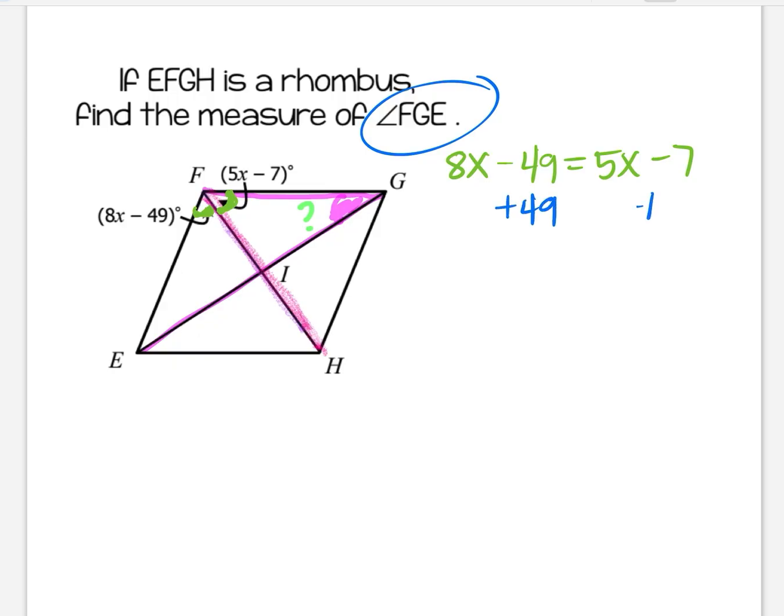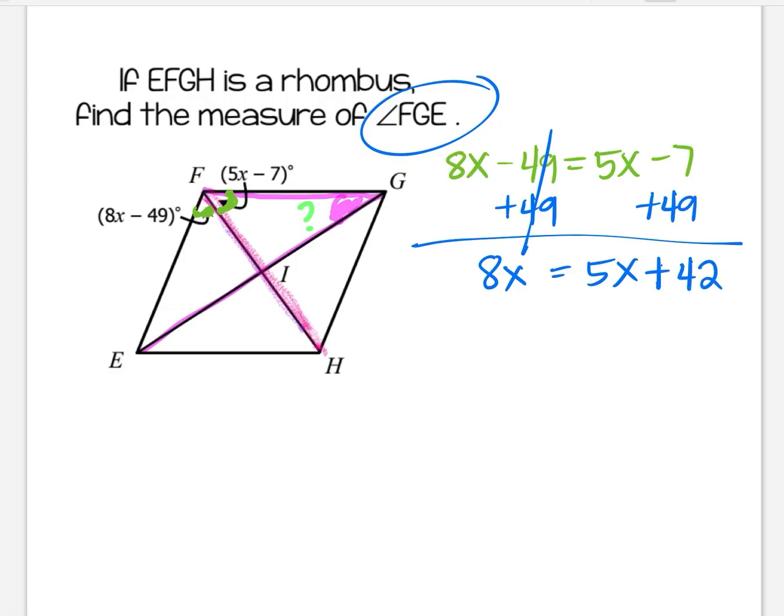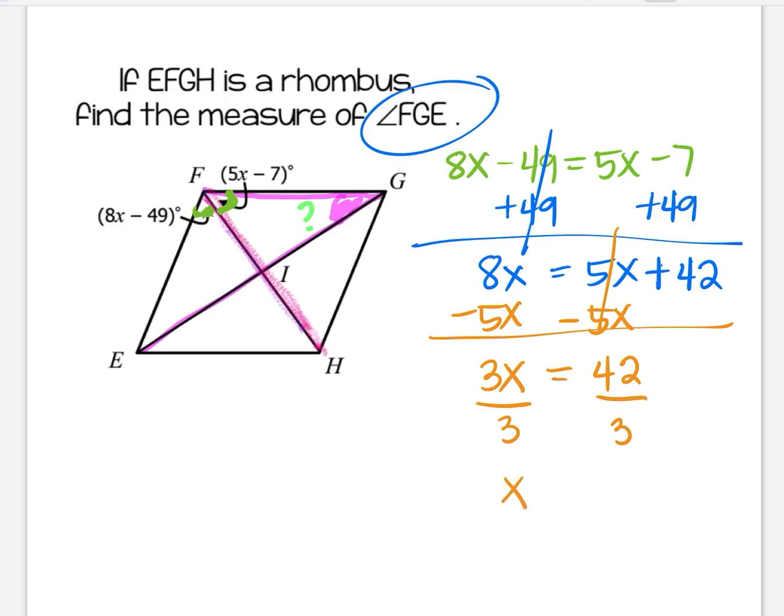So that's positive 49 on both sides. 8x equals 5x. Negative 7 plus 49 is positive 42. I need to bring the variable to the left side of the equation. So the inverse of positive 5x is negative 5x. So this will leave me with 3x equals 42. Divide both sides by 3. x is equal to 14.